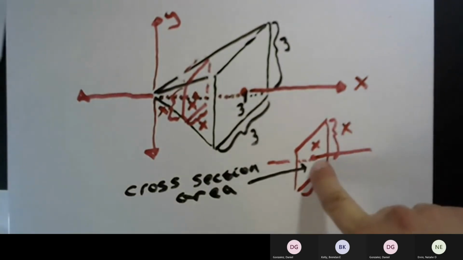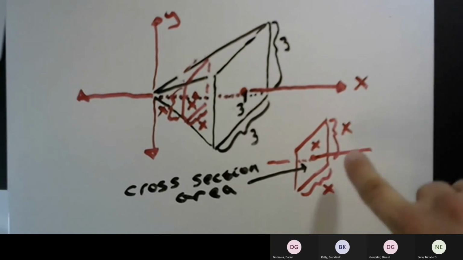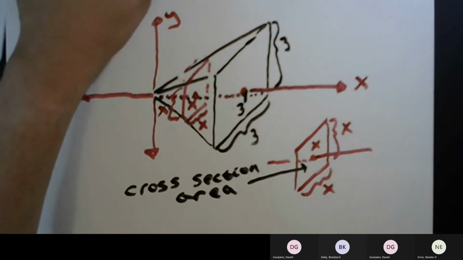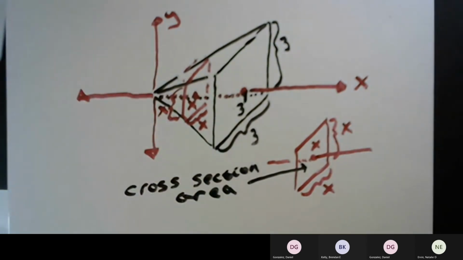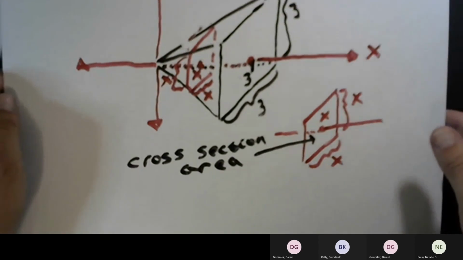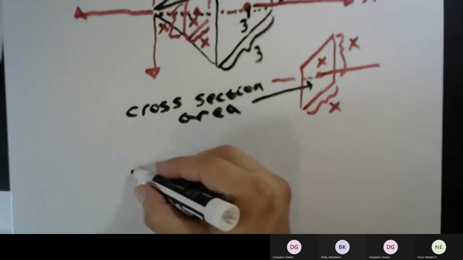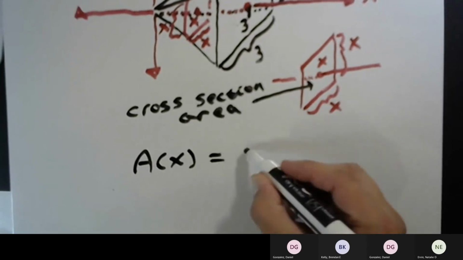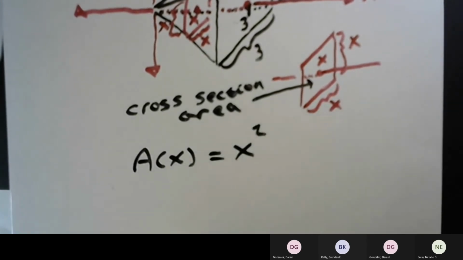So when the cross section is sitting on the x-axis at location x, it's going to be an x by x area. So what this tells us is that A of x is x squared.